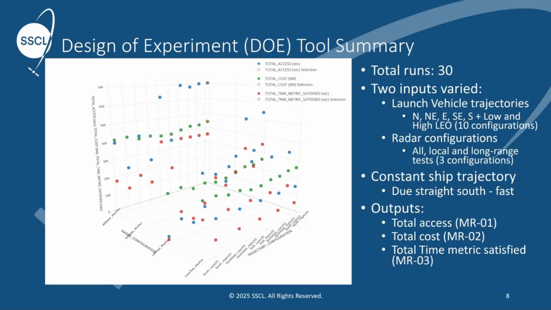The ship's path remained constant, a southbound route at low speed, while the radar configuration was set to max power and varied between local, long range, and all radars combined. This produced 30 total runs and was much more manageable compared to the over 400 possible combinations. The outputs tracked the three mission requirements outlined previously.